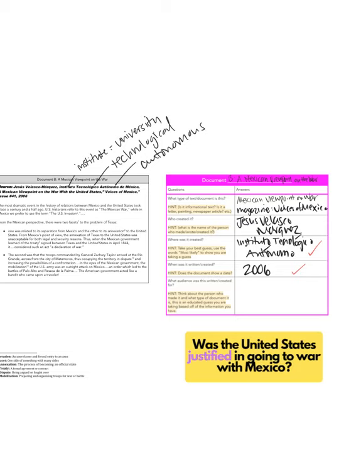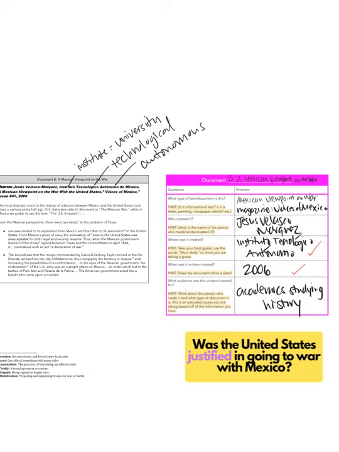So who do you think this was written for? I'm going to write that it was most likely written for academics, which means people in universities who study history. There isn't a right or wrong answer for this one. You're making a logical guess based on the information you know from the sourcing. And we finished sourcing this document.